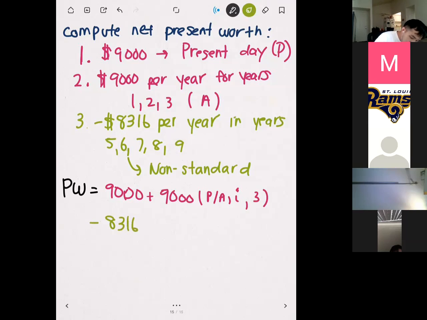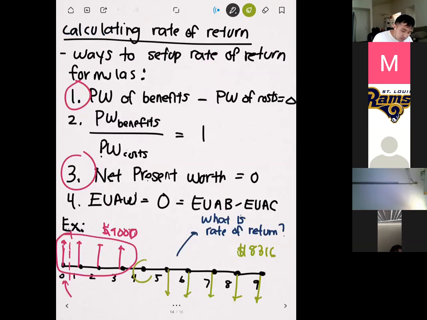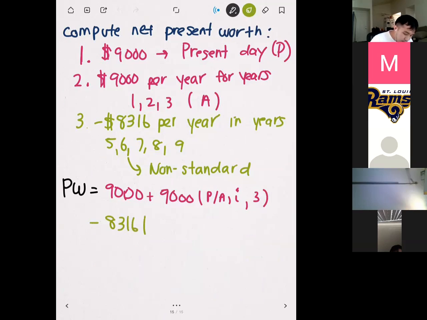Okay. And then we need to do 2 conversions here in order to get it into the true present day sum. Okay. And so first, we're going to take that uniform series and convert it to a single sum on the year before it began. Okay. And so the year before it began is going to be year 4. Right. And so this is going to be P over A, I, and then this uniform series occurs for 5 years.